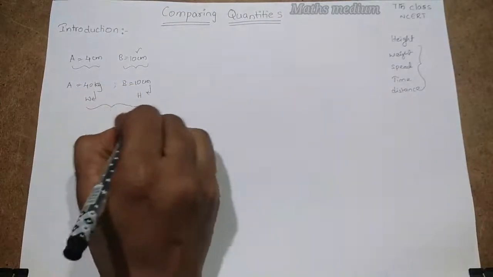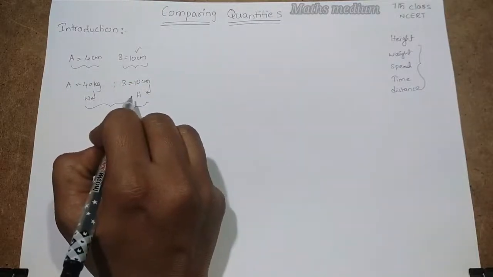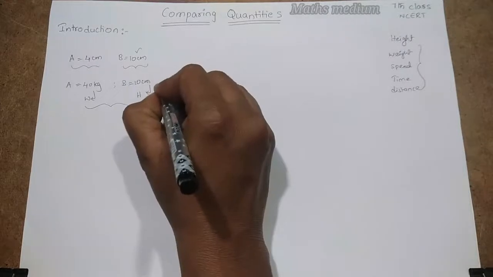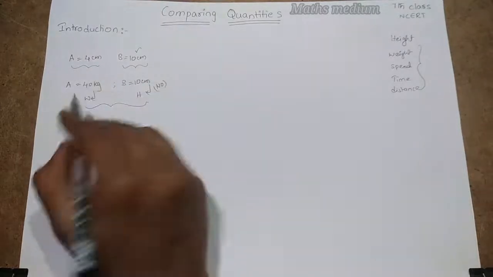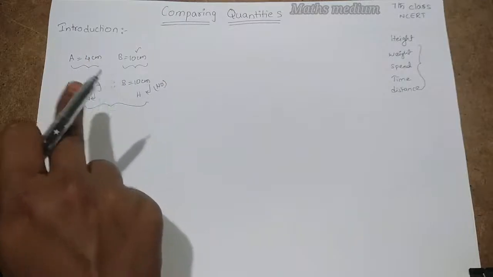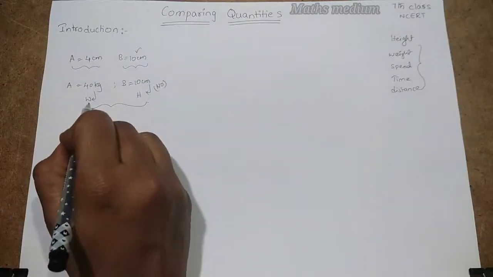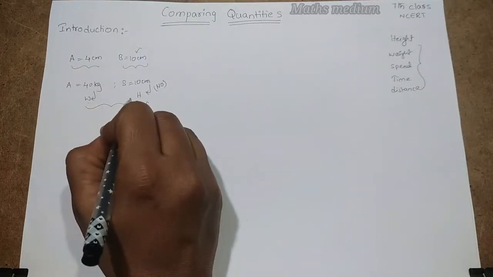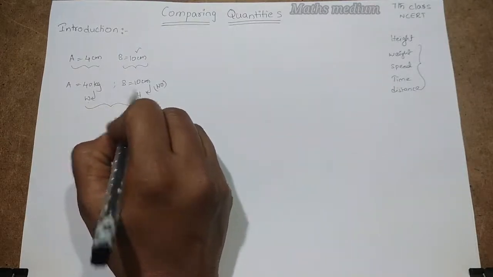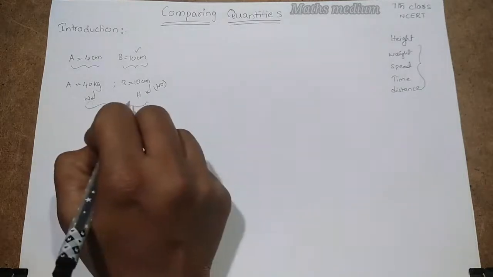Can you say by using these weight and height who is the bigger one? No, we cannot find that with the help of weight and height of two separate persons, because to compare any quantity, either A must have weight and similarly B also must have weight. Here we have the height of B and the weight of A. So we cannot compare these two quantities.